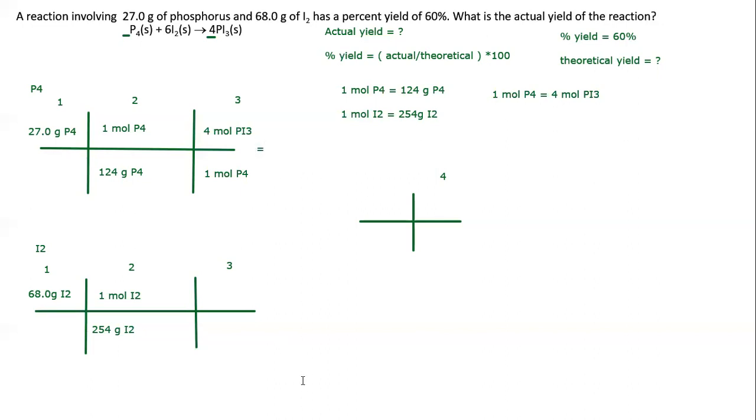Do the same thing with I2. 6 moles of iodine give us 4 moles of phosphorus triiodide. So again, since we're starting with iodine, iodine goes on the bottom. Phosphorus triiodide goes on top.